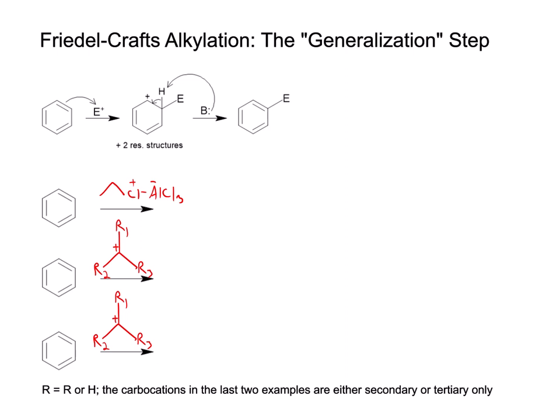Because there are three different electrophile and base combinations that we could have gotten from the various Friedel-Crafts alkylation pathways, we have three different things that we can plug into the generalization step. In the first example, we created a complex that was both the electrophile and the base.